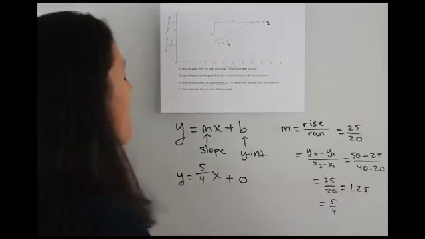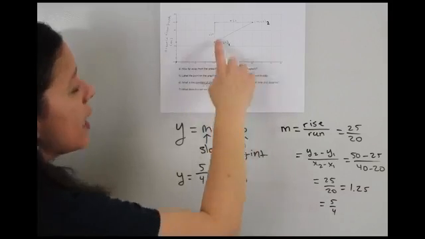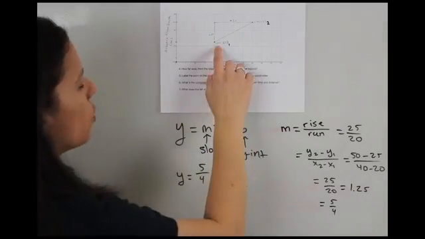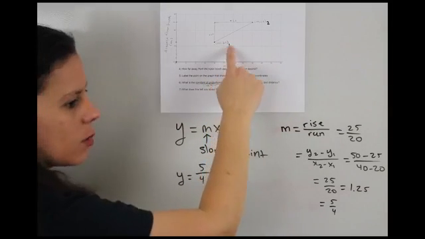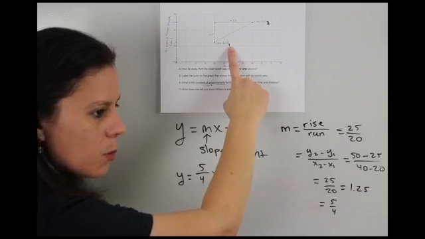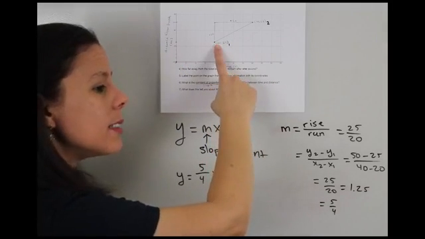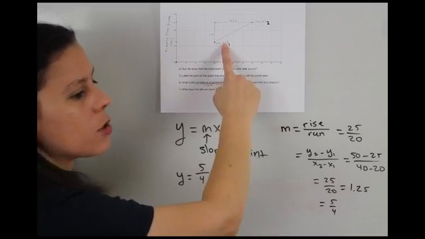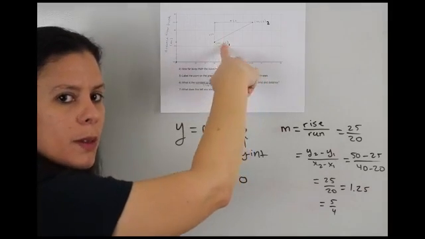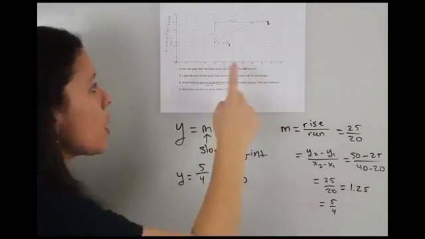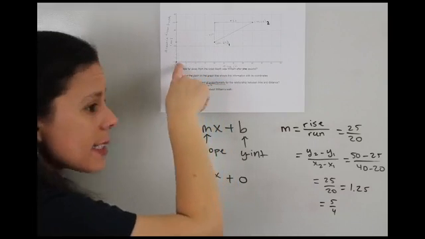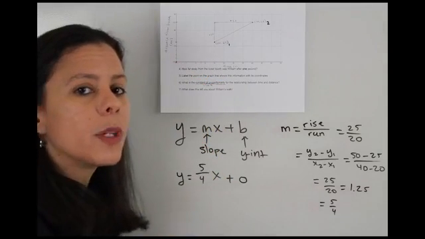No. Okay, so let me rephrase this. So we said that when x is 20, y is 25. Right? So what that means is that at 20 seconds, he was 25 meters away from the booth. Does that make sense? So at 1 second, how far is he going to be away from the booth?